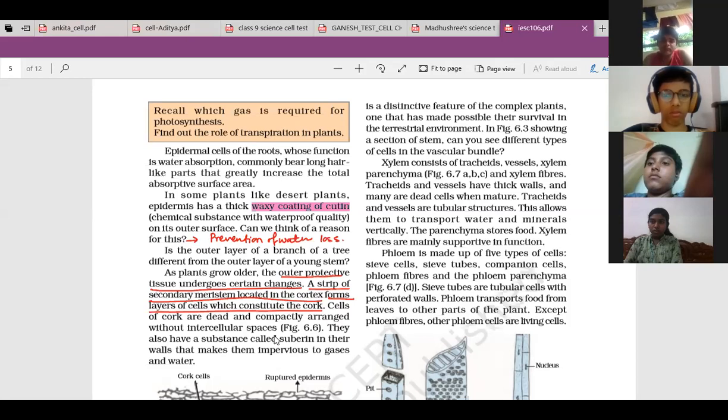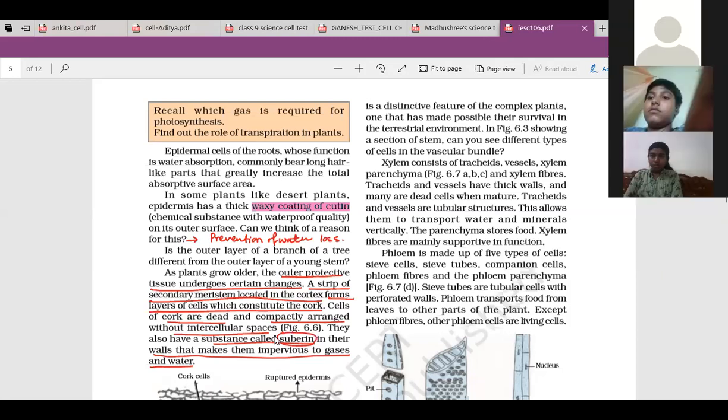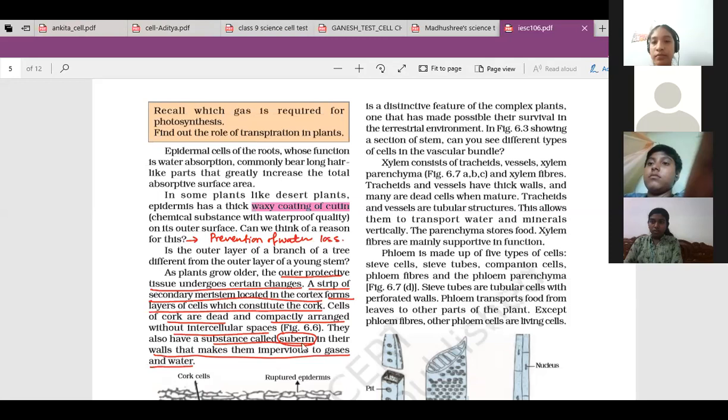So these cork cells are dead, compactly arranged without intercellular spaces. They also have a substance called suberin in their walls that makes them impervious to gases and water. They won't allow any gases or water to move in and out, because they have a coating called suberin, which is a complex sugar.